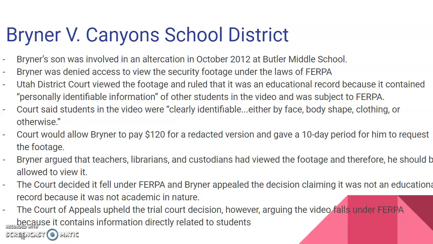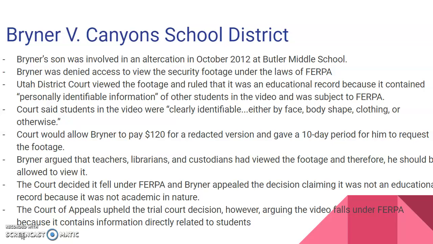The court said that students in the video were clearly identifiable either by face, body shape, clothing, or otherwise. However, the court would allow Briner to pay $120 for a redacted version and gave a 10-day period for him to request the footage.